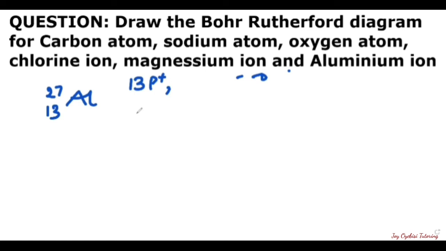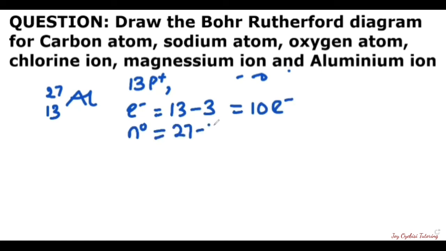Your number of electrons will be equal to atomic number, which is 13, minus the charge. Now, the charge of aluminium is +3. So that will be 13 minus 3, which will give us 10. So 10 electrons. Now, neutrons will be 27 minus 13, which will give us 14 neutrons.